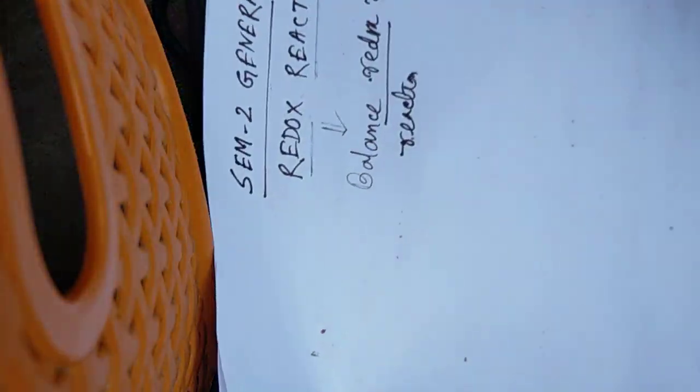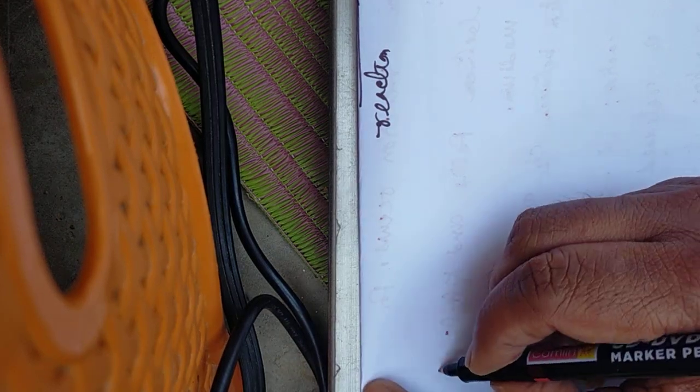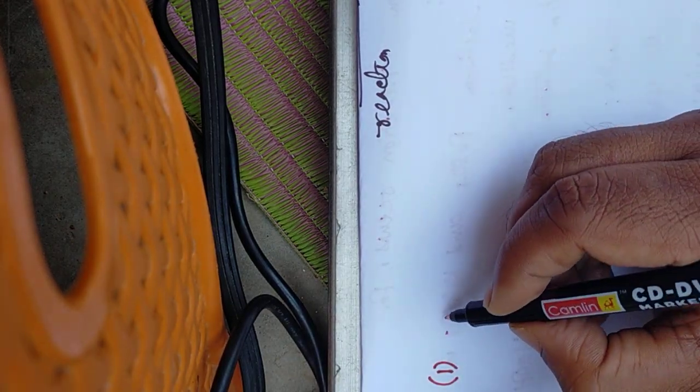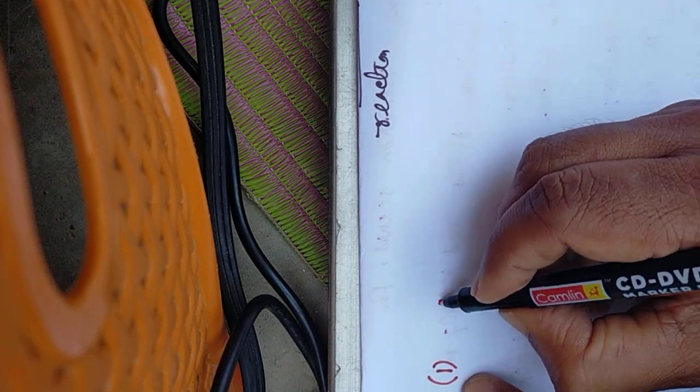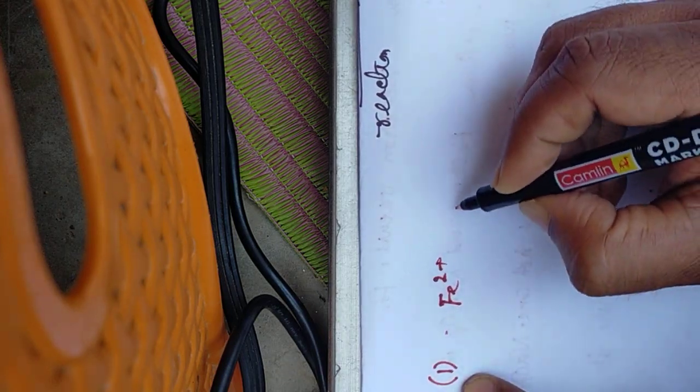So first we separate this equation. So equation number 1 will be Fe2+ converted into Fe3+.